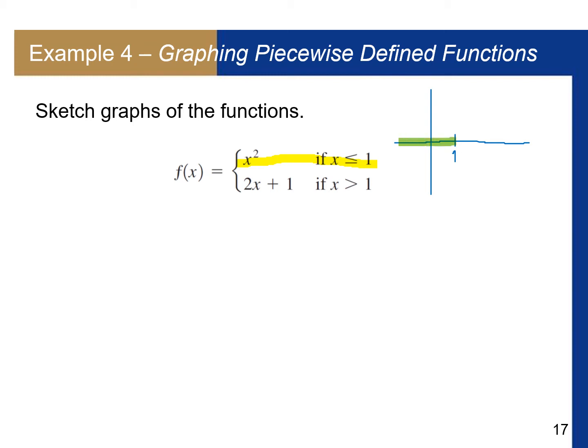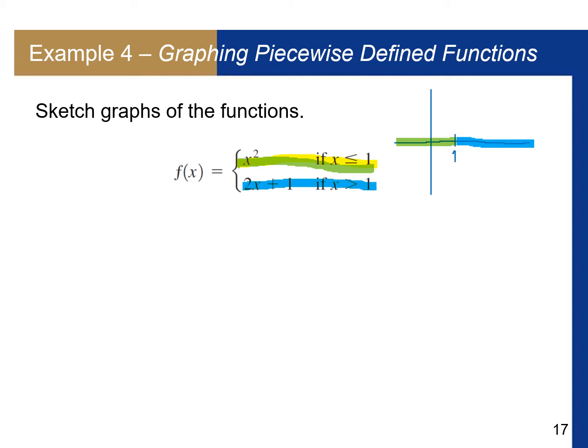This area right here, I'm going to use this function, okay? And then anything that's bigger than 1, I'm going to use, let's use a blue. I'm going to graph it over here, and that would be this function.